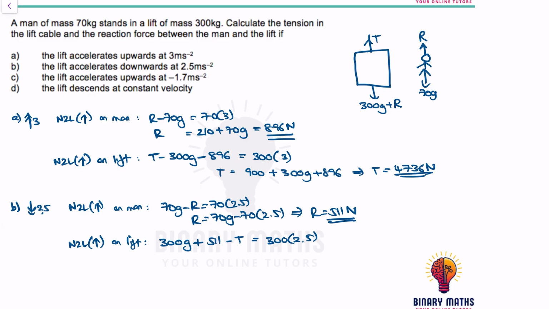If we rearrange it, T will be equal to 300g plus 511, take away 300 times 2.5, which implies T is equal to 2,701 newtons.